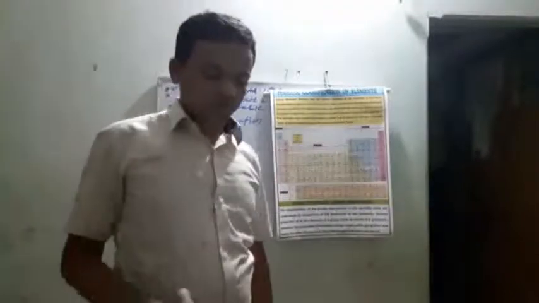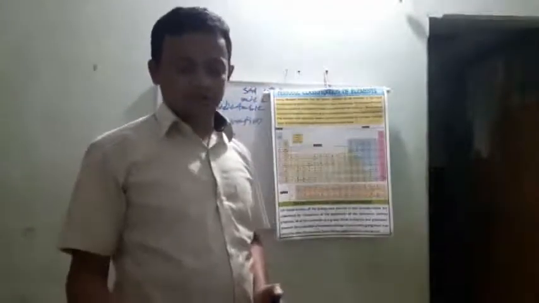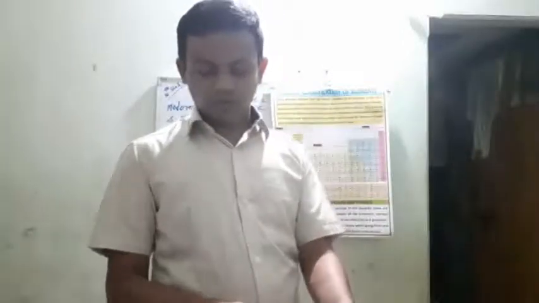So our next point is the electronic configuration of the elements. So you know what electronic configuration is. We will see some examples.